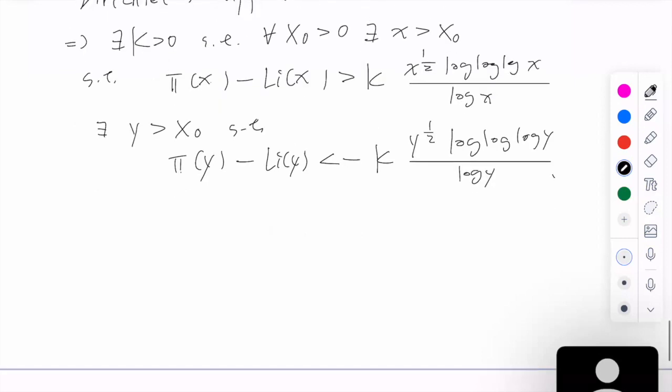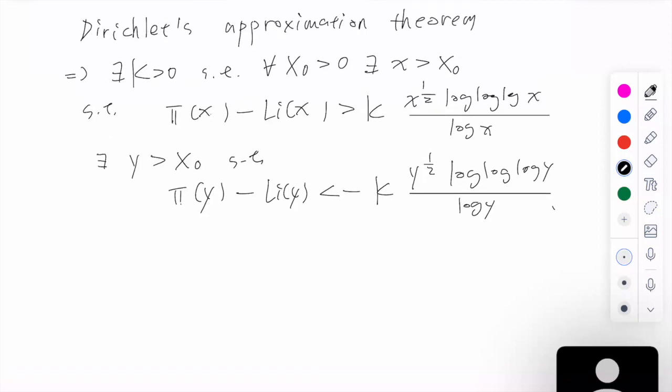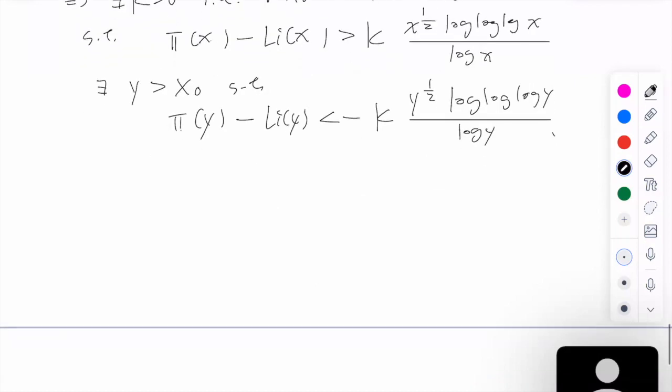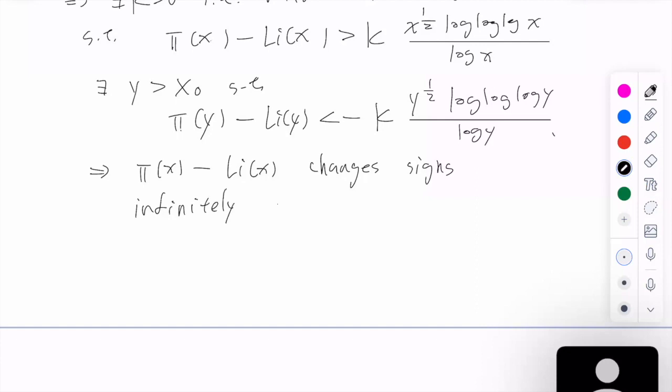So what this means is that the function pi of x can be very far away from Li of x, both in the positive direction and in the negative direction. This actually implies that the function pi of x minus Li of x changes signs infinitely often as the variable x goes to infinity.